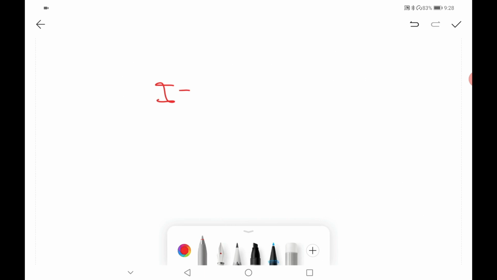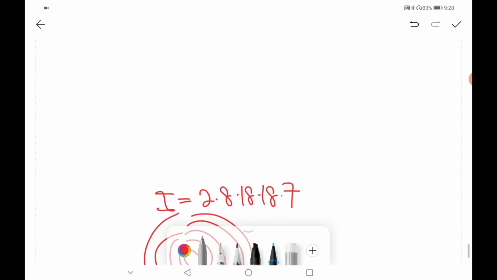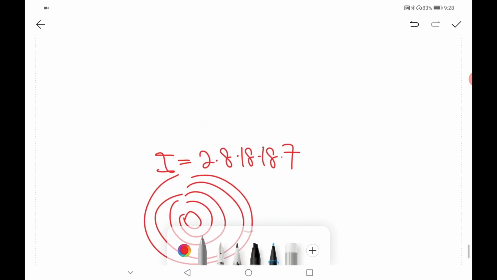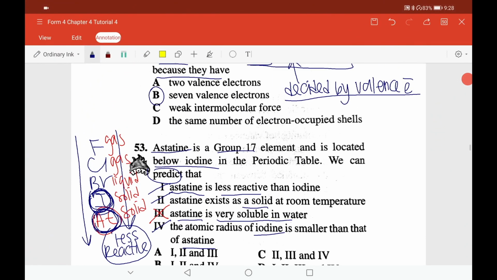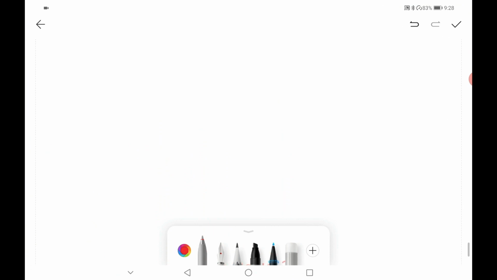So iodine we know is 2, 8, 18, 18, 7. So it has 5 shells already. But according to the periodic table, astatine is even lower, because the question tells us astatine is lower than iodine. So when astatine is lower, you should have more and more shells, right?